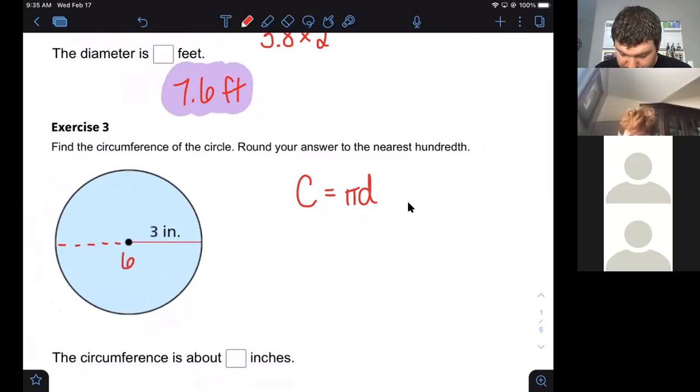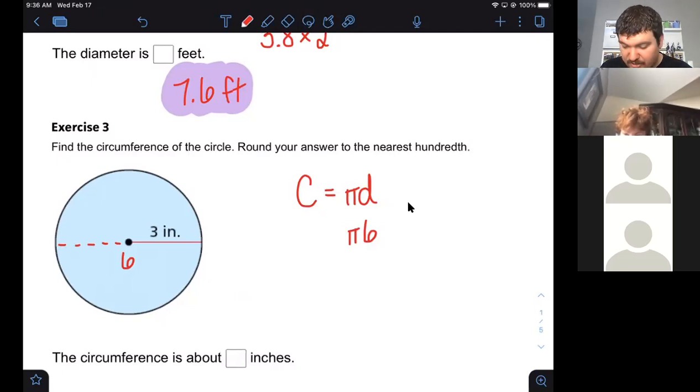So we're just going to plug 6 in for, I'm sorry, not for pi, for d. We're going to multiply 6 by pi is what I should have said. And you should be able to use the pi button. I am using my cell phone, so I'm just going to use 3.14 because I left my calculator at school. So 6 times 3.14 is 18.84.